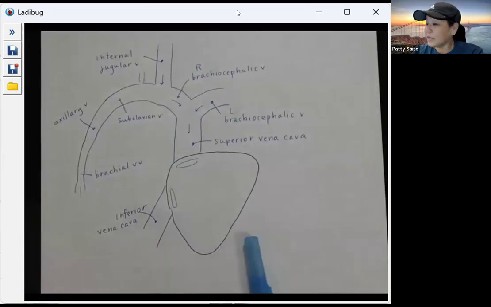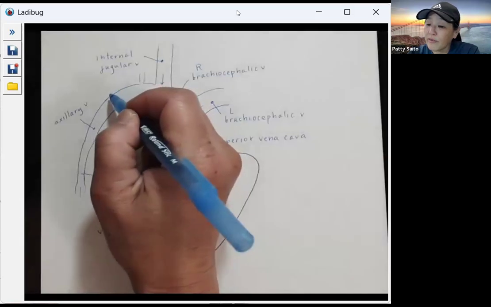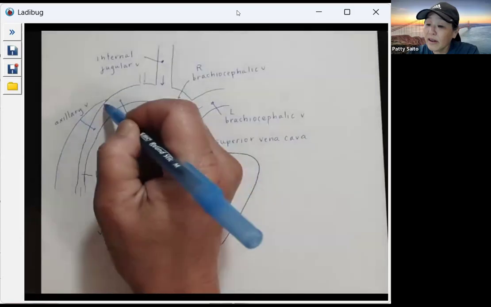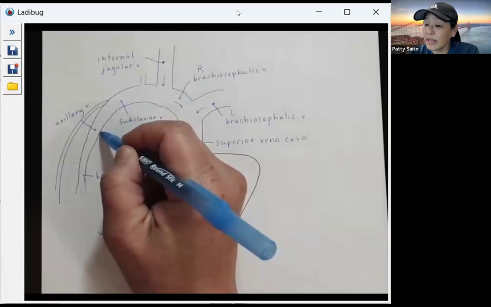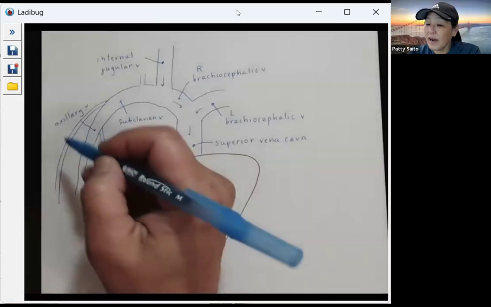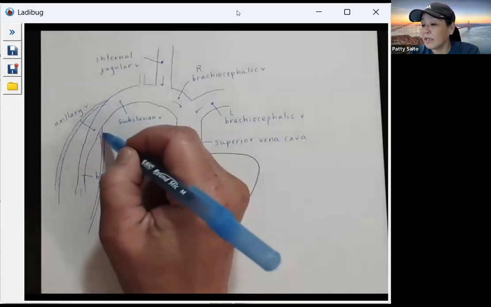All right, so first there is a superficial vein that branches off the kind of the subclavian here, like this. And then there's another one that comes on the internal side like this. All right, so these are superficial, and I'll make them look a little different.